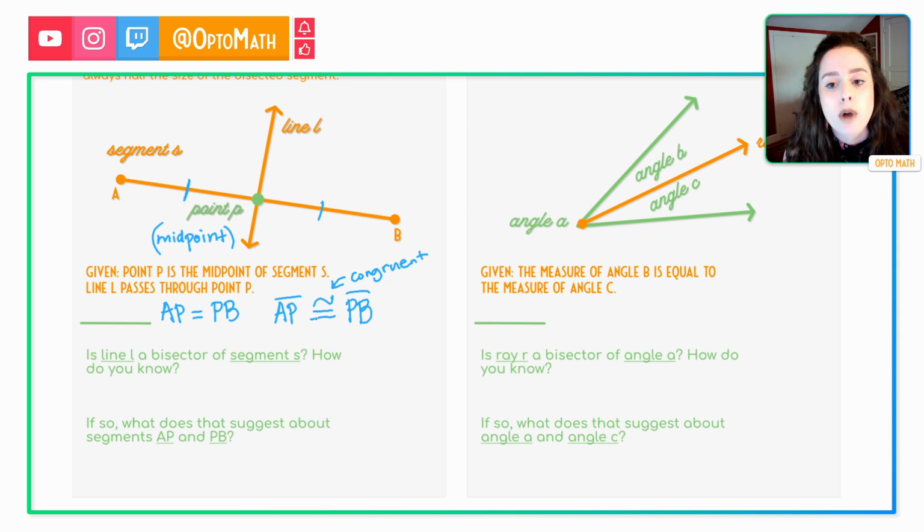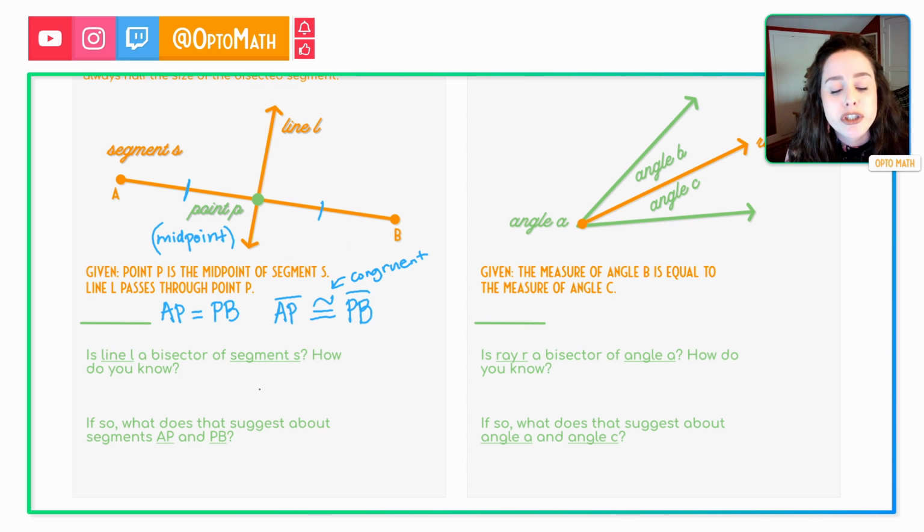So I've got one tick mark on each. I could also do 2 tick marks on AP and 2 tick marks on PB, and they would still be shown to be congruent as long as the number of tick marks is the same. This is a symbol for marking that segments are congruent.